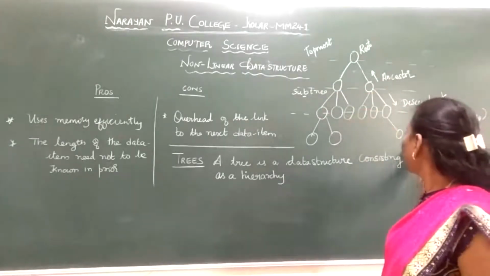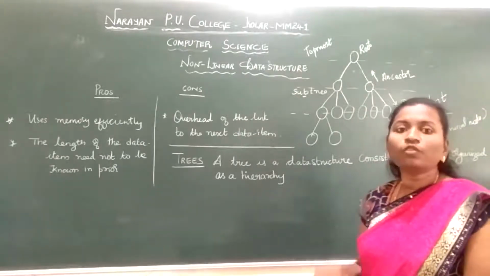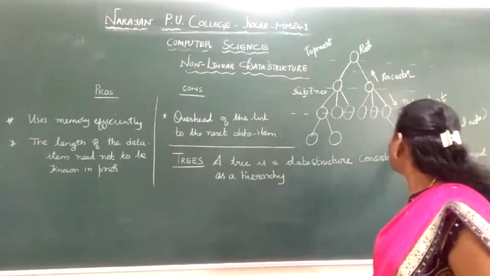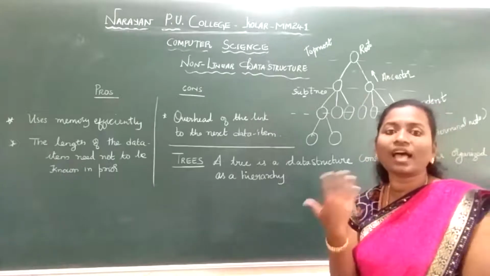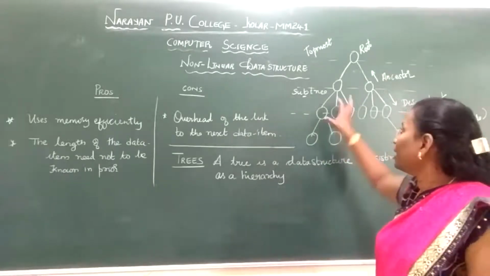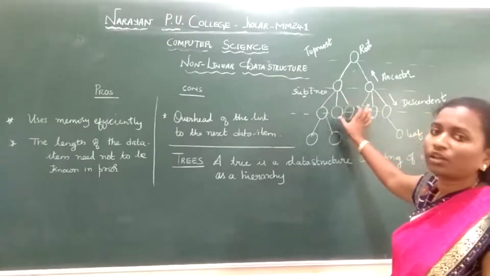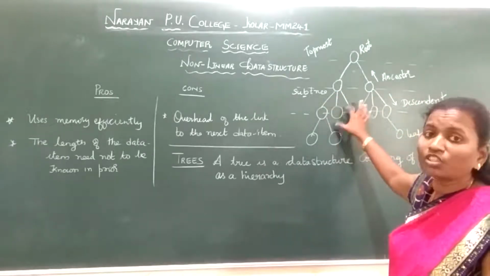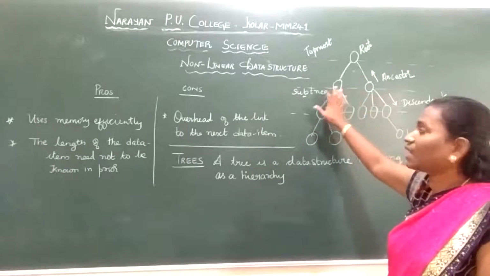Here I need to talk about leaf nodes. The end nodes, the terminal nodes, we call leaf nodes. A leaf node will not have any child node; it has zero child nodes. Whereas the other nodes will have one or more child nodes, and we call that a subtree.